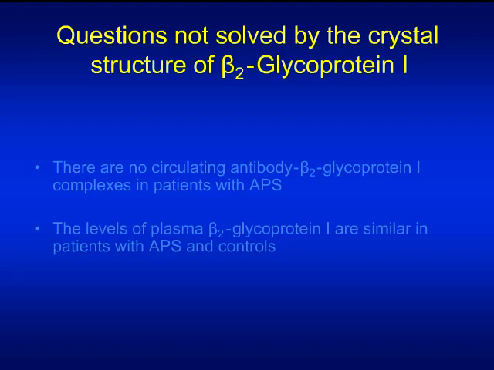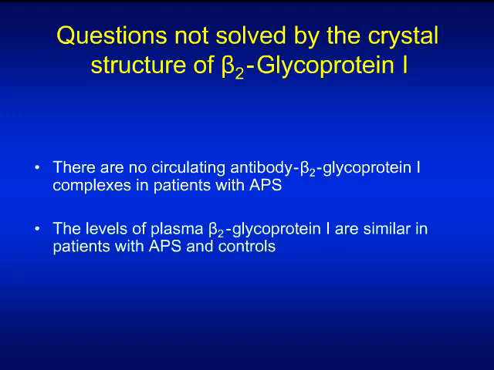There are no circulating antibody beta-2-glycoprotein 1 complexes in patients with antiphospholipid syndrome. The antibodies are there, the protein is in the circulation, and there are no immune complexes. Also, the levels of beta-2-glycoprotein 1 in patients with the antiphospholipid syndrome are similar to controls. There's no clearance of beta-2-glycoprotein 1 due to the presence of these antibodies.